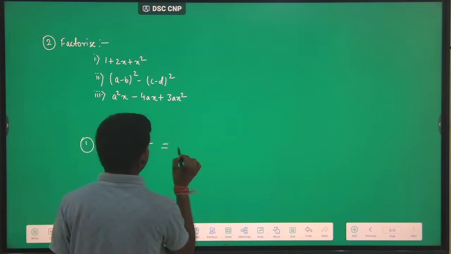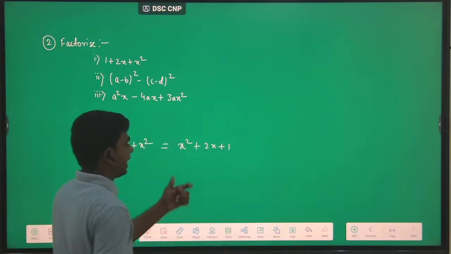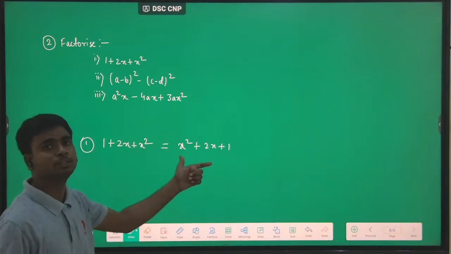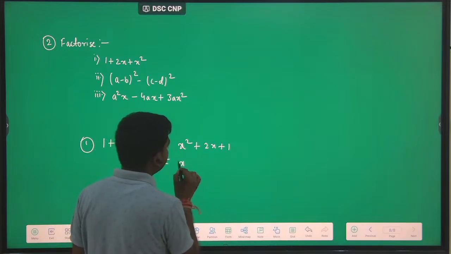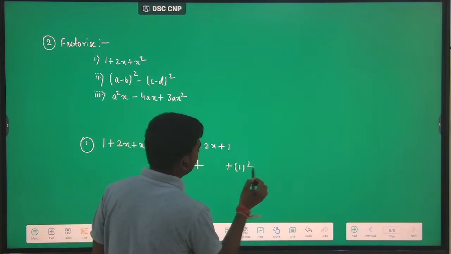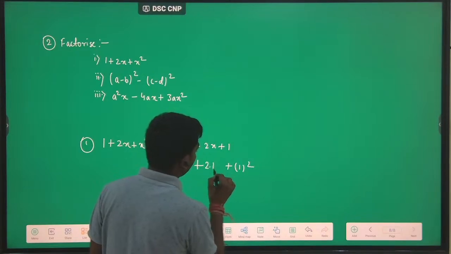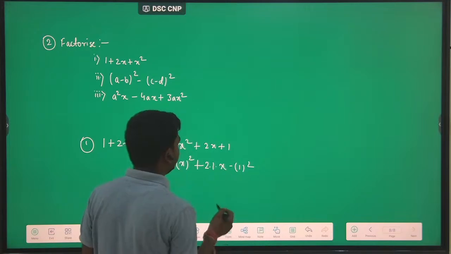It can be written as x square plus 2x plus 1. And it can be written as x to the power 2 plus 1 to the power 2 plus 2 into 1 into x.